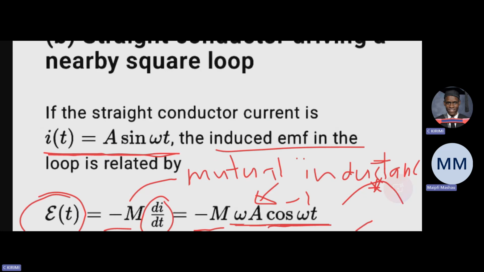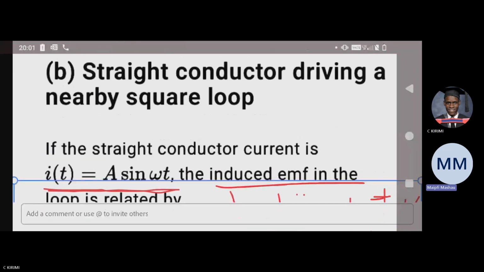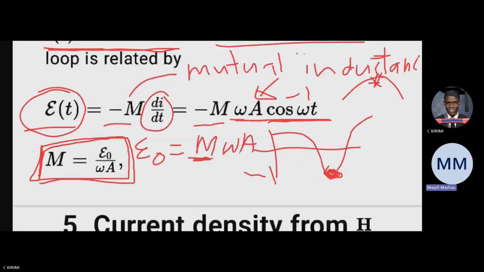Is that formula for mutual inductance always like that, or does it depend on the question we were given before? If you calculate voltage, it's always like that: E minus M di/dt. That is the mutual inductance. I know, then I don't have a question.